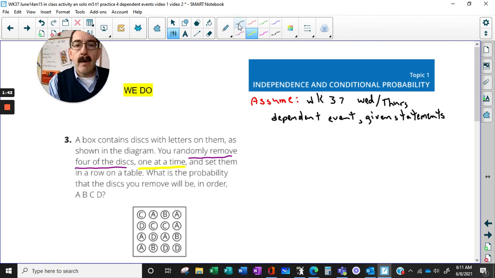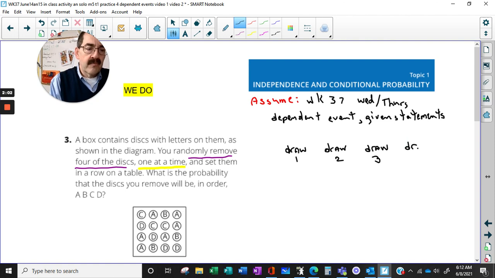Okay, so now, we'll just call them draw. Draw 1, draw 2, draw 3, draw 4. Now, partial credit.